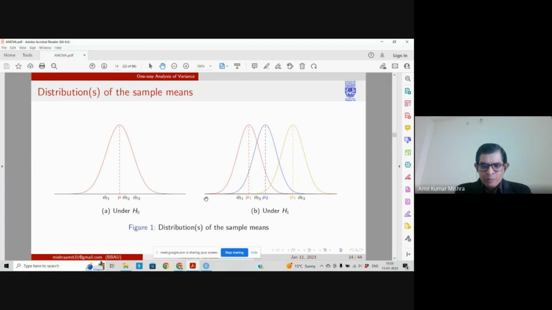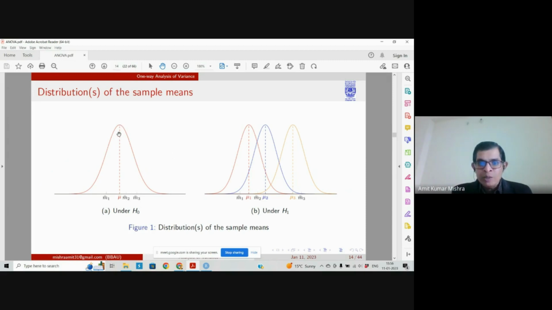We can see this from the graph. You have three populations with the same mean and the same variance, and from the first population you get M1 bar, from the second M2 bar, and from the third M3 bar.